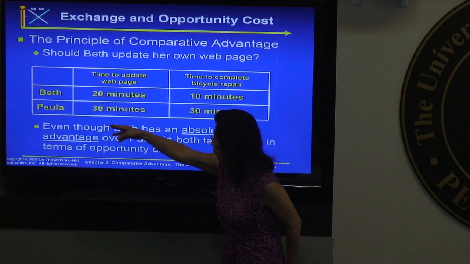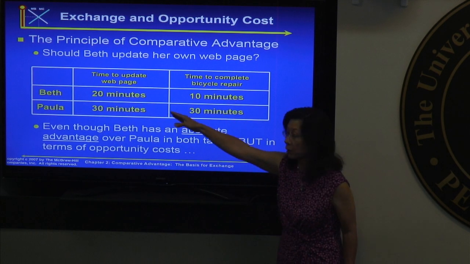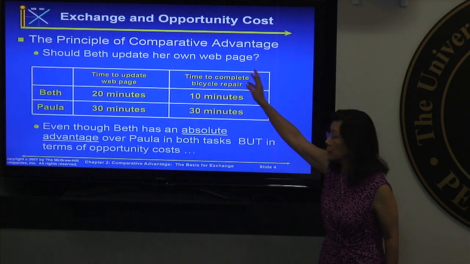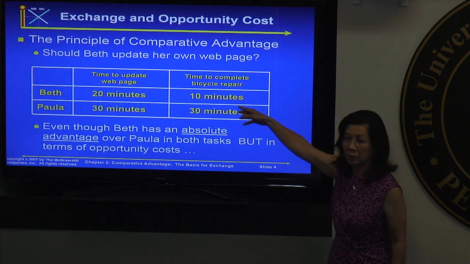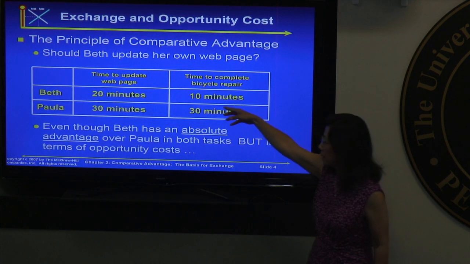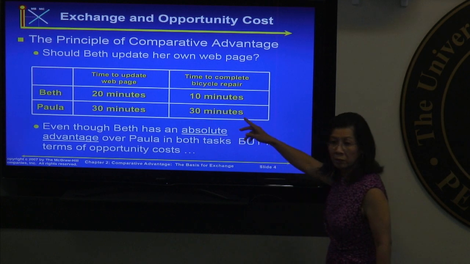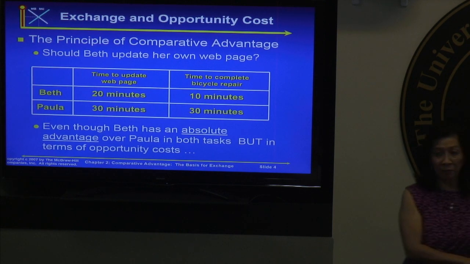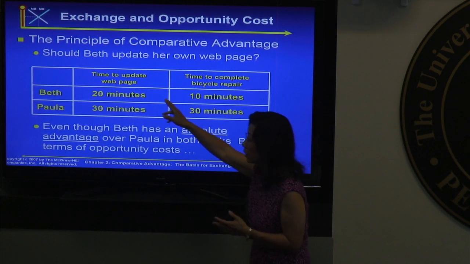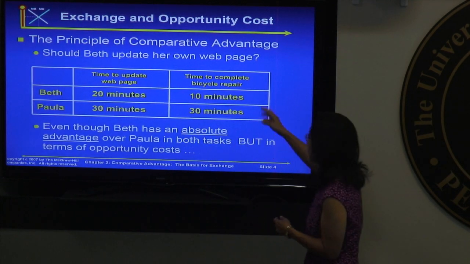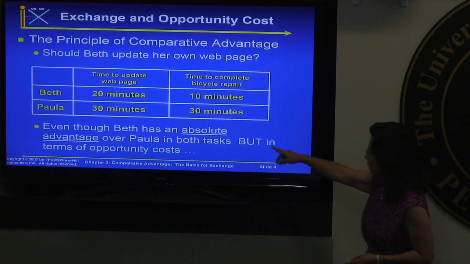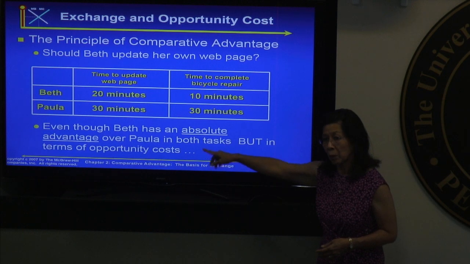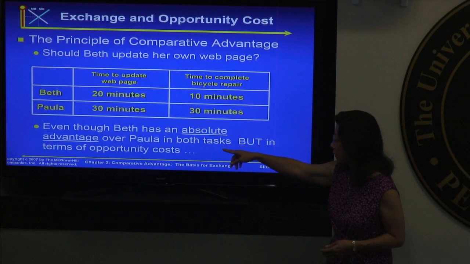Beth is much faster than Paula in both tasks: 20 minutes in web upgrading and 10 minutes in repairing a bicycle. That's great. And the other lady would take 30 minutes each. So by looking at this, we can straight away say Beth has an absolute advantage in performing both tasks, web page upgrading as well as repairing a bicycle, over Paula, the second lady.